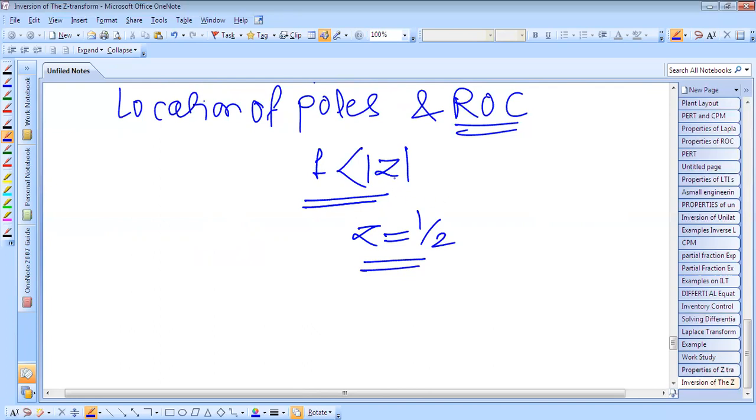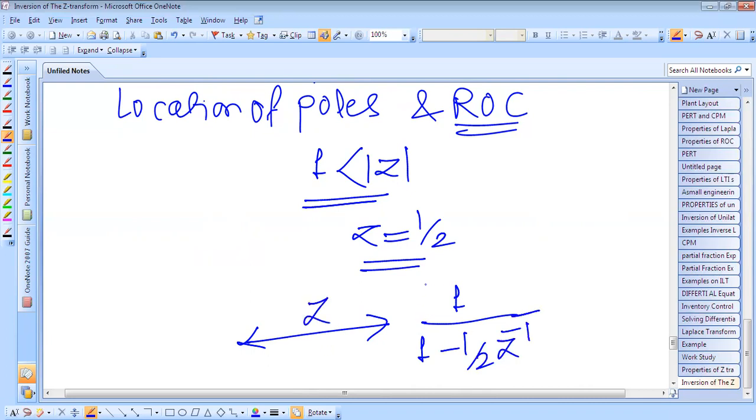That means the ROC, the magnitude of z, is greater than the pole at z equal to half. We'll find the inverse of the first term. Here the first term has a right-sided inverse transform.